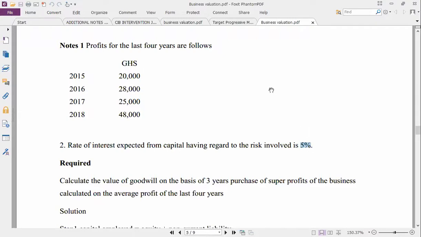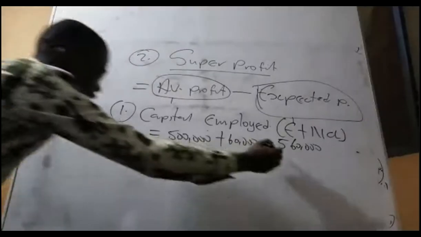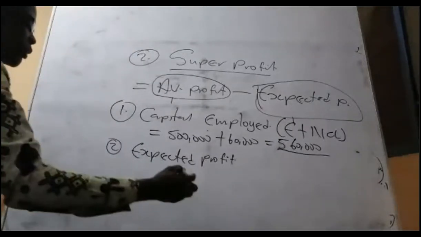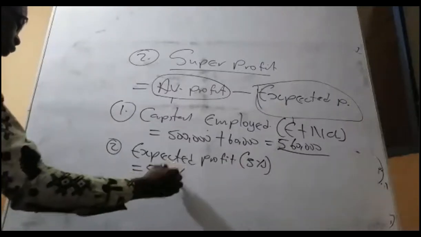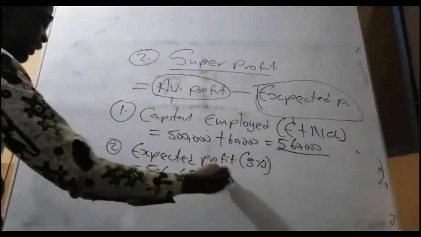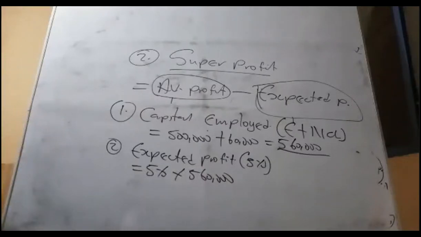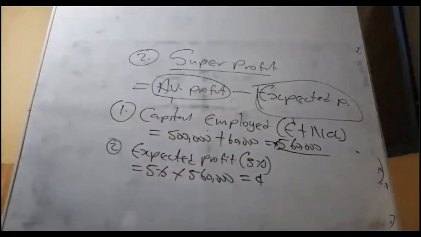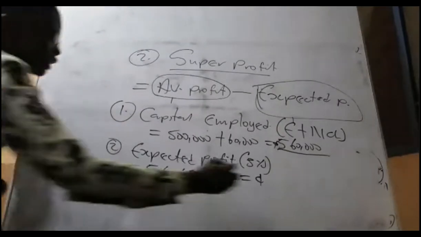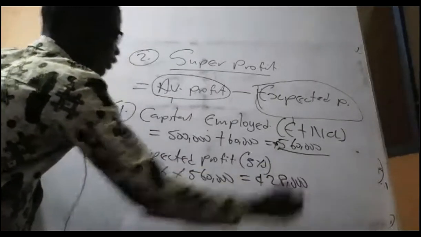If you have employed this, and the return is 5%, what will the return be? It is 5% times 560, and that will give us 28,000. Wow, what a coincidence.